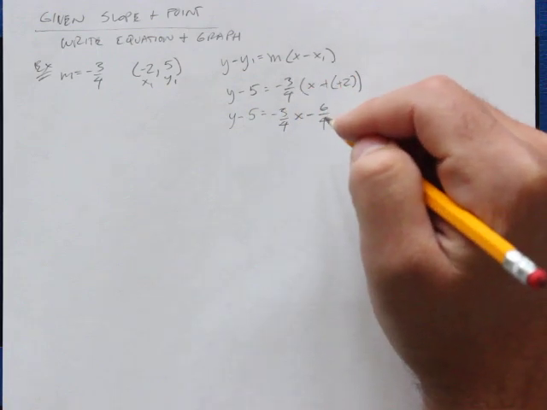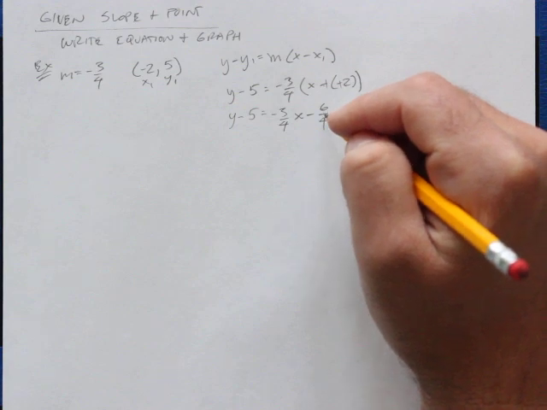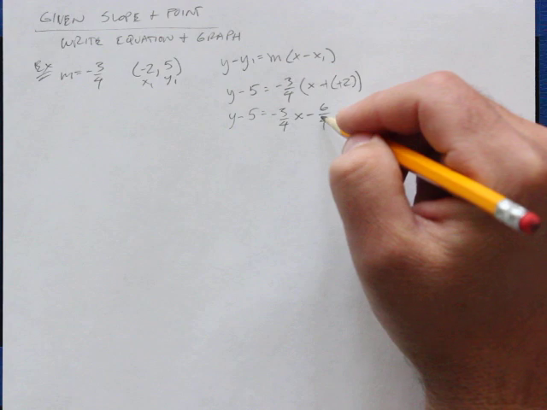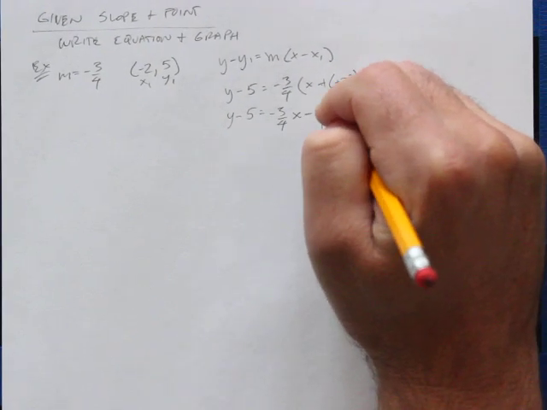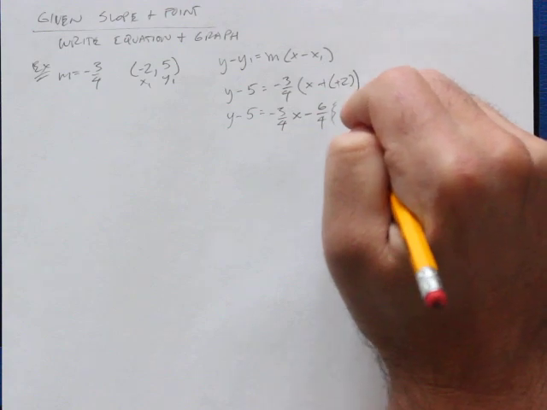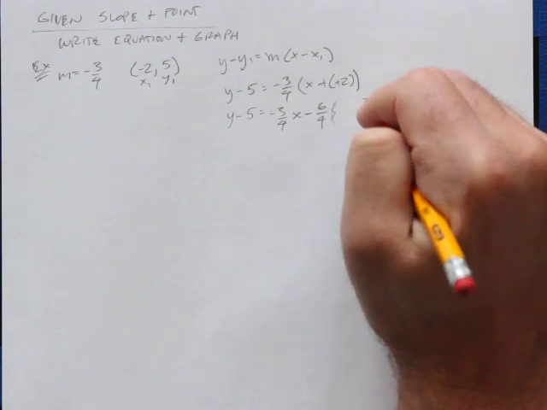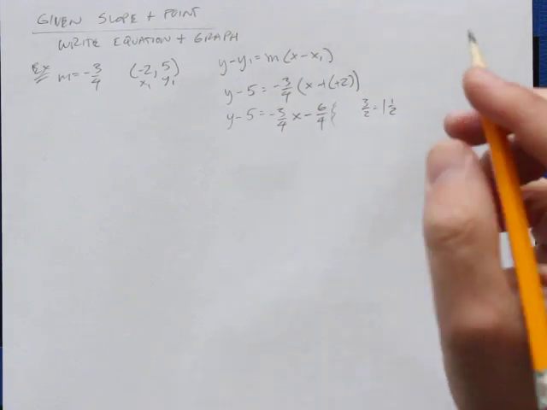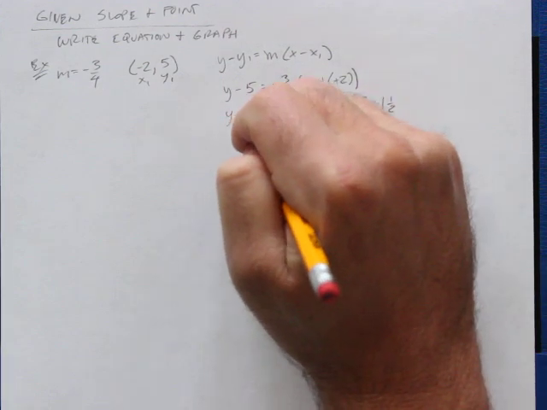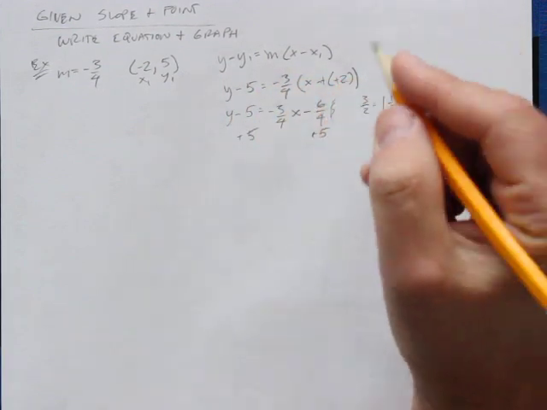I'm going to change this from an improper fraction to a mixed number. So this is 3/2, which is 1.5. Okay. So when I add 5 to each side, that'll make it a little bit easier.